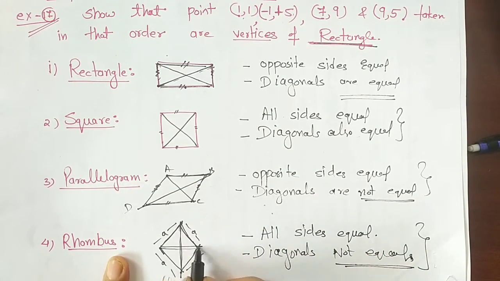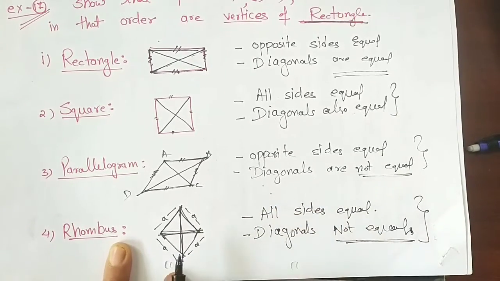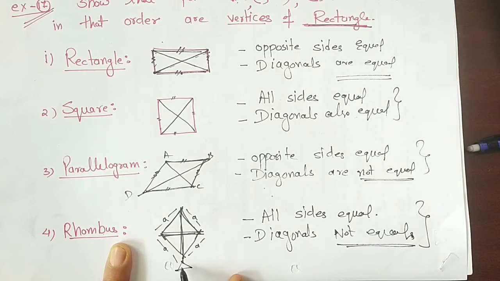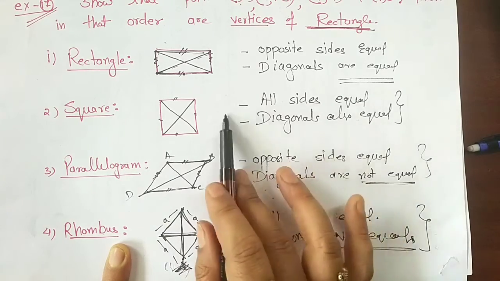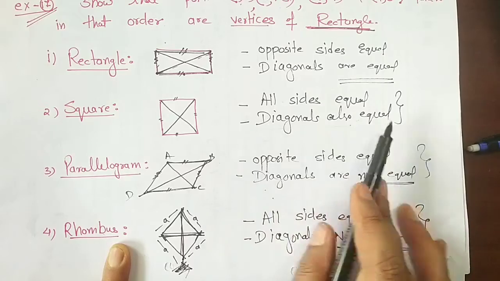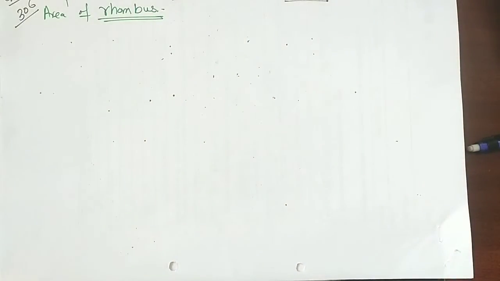You see, this is small and this is big. So you can see a rhombus looks a little bit like a kite. See, if there is a small part here, it will look like a kite. So you can remember: all four sides equal, diagonals not equal, rhombus. All sides equal, diagonals equal, square. Okay, so we will follow that definition.